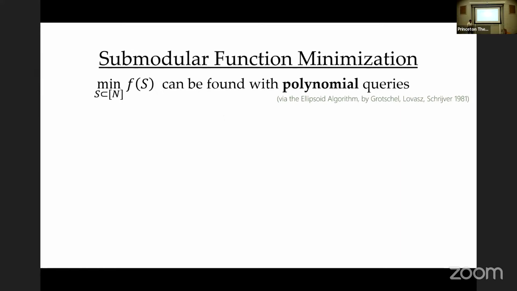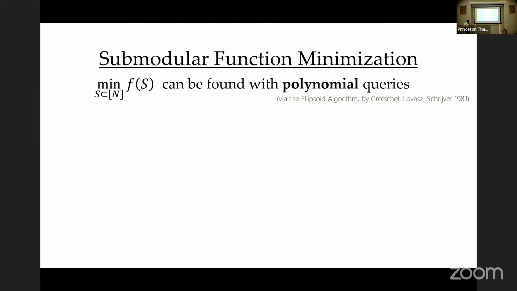It's a beautiful result. It was known from the 80s that just using the property of submodularity is enough to find the minimizer of a submodular function using only polynomially many queries. I'm finding something among these 2 to the n subsets using only polynomially many queries.